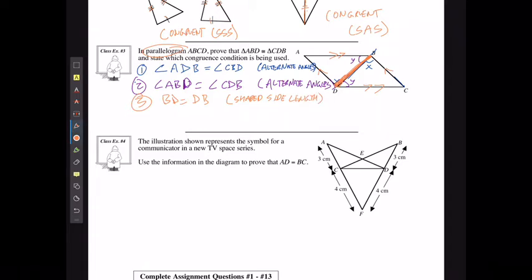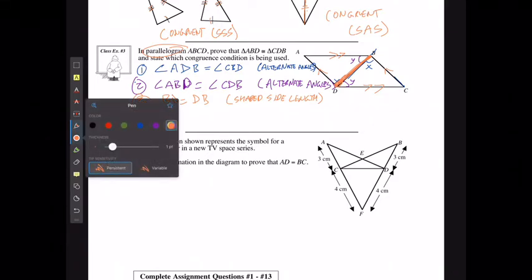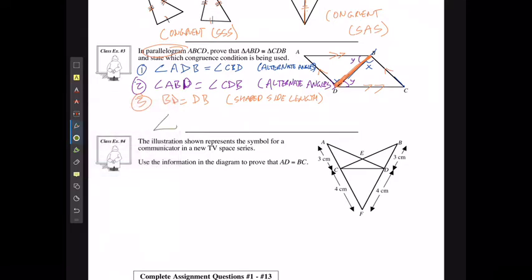It has to be equal because it's a shared side length between the two triangles, which means that that's enough information to prove that triangle ABD is equal to triangle CDB. Why? Because I know two angles and the side length between them are the same. I know it's true because of the angle side angle rule.